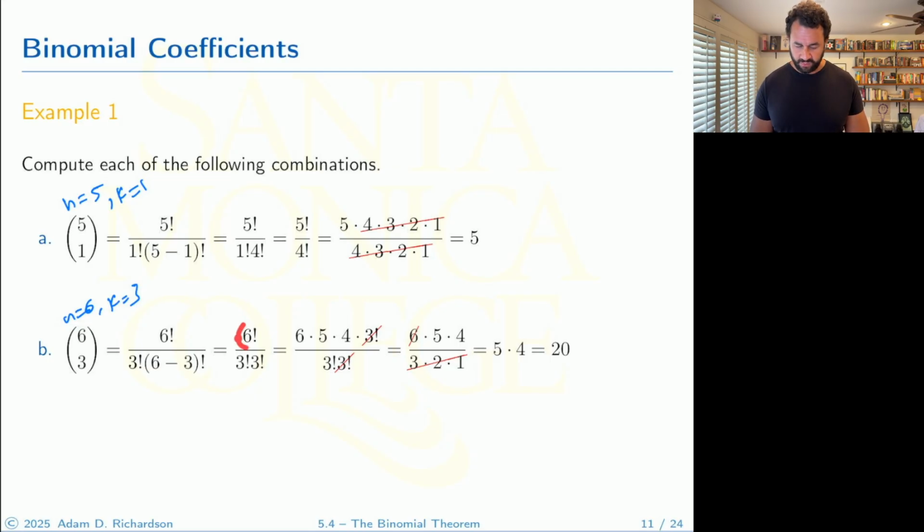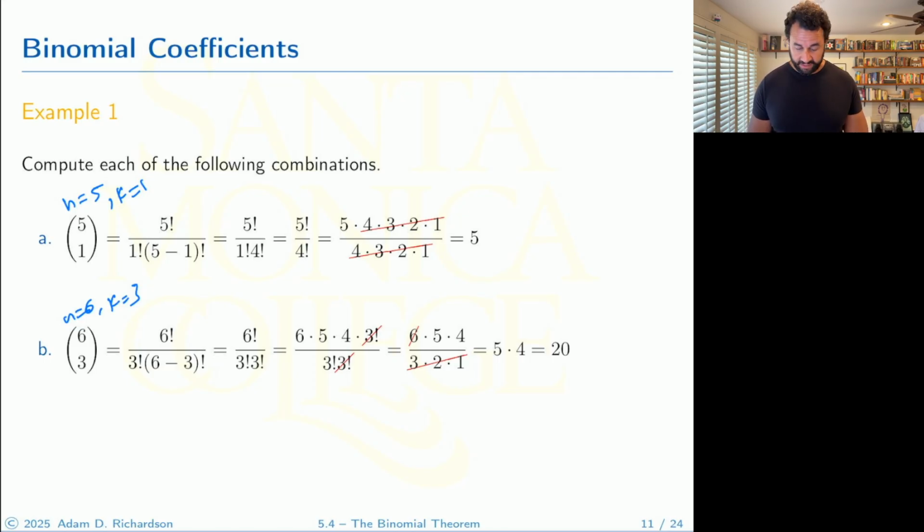So I'm going to rewrite 6 factorial as 6 times 5 times 4 times 3 factorial, because 3 factorial is 3 times 2 times 1. Then I can cancel one of these 3 factorials just like that.